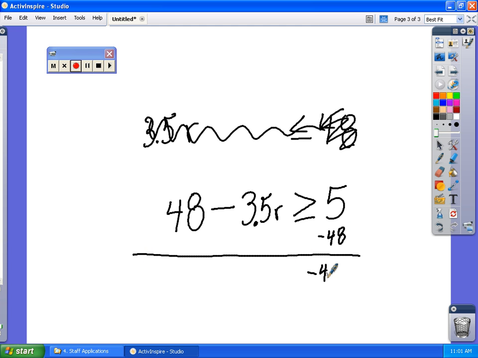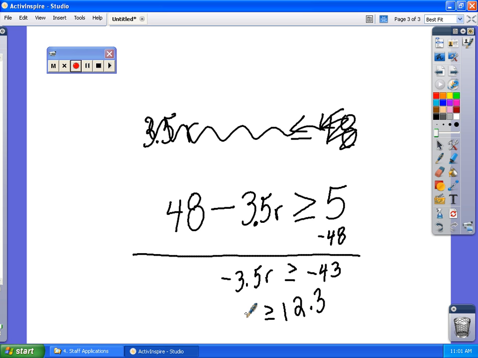And we get negative 43 is greater than or equal to negative 3.5 R. And then 43 divided by 3.5, 2 negatives is going to equal a positive, is about 12.3.